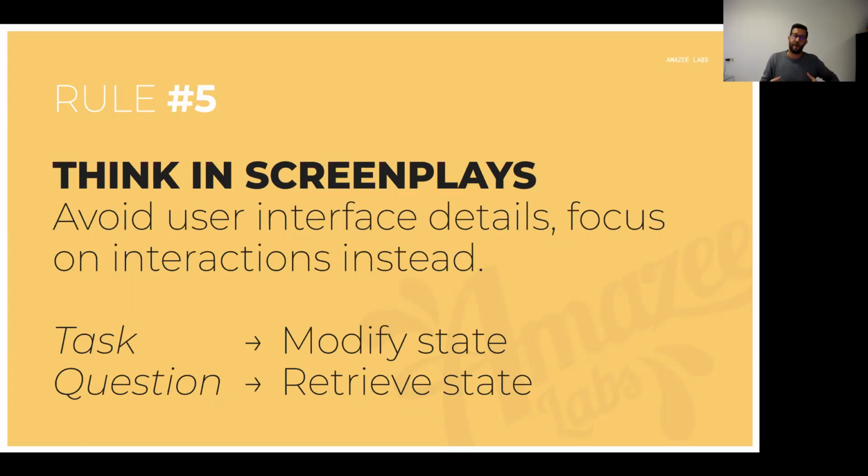So you should always map or write in interactions, and then an interaction is either a task or a question, where a task modifies the current system state and the question retrieves this state. And if you keep that level, there's a pretty good chance that you get it right.